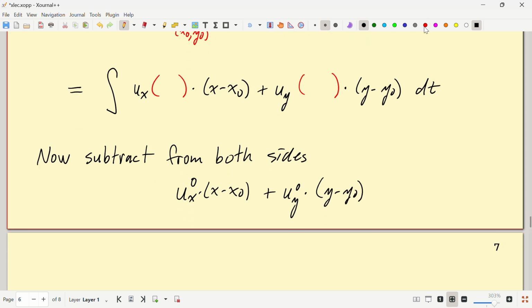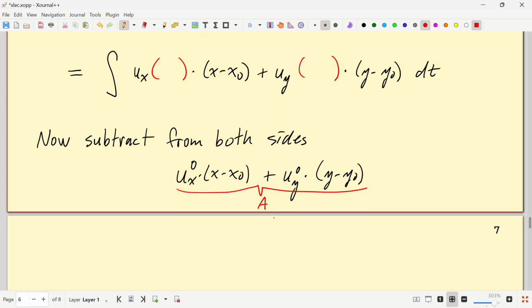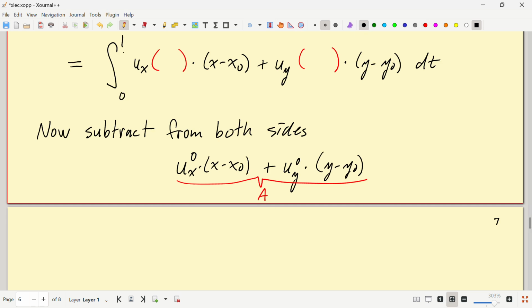Think of that as a number, a real number, a. I want to combine that with that thing above. It looks kind of similar to that, except there's no integral. And the fascinating thing is that a is equal to the integral from 0 to 1 of a dt.